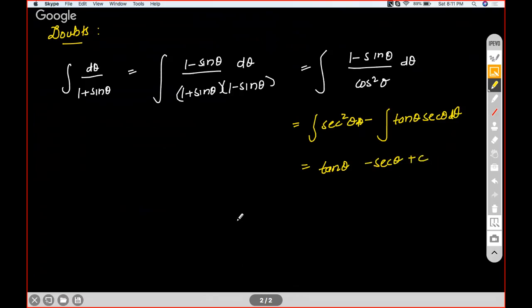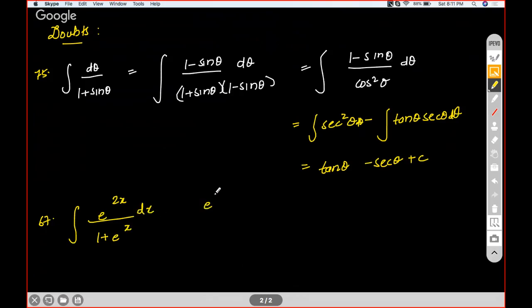Next problem. Question 67, same worksheet? Yeah. Okay. Integration of e to the power 2x by 1 plus e to the power x.